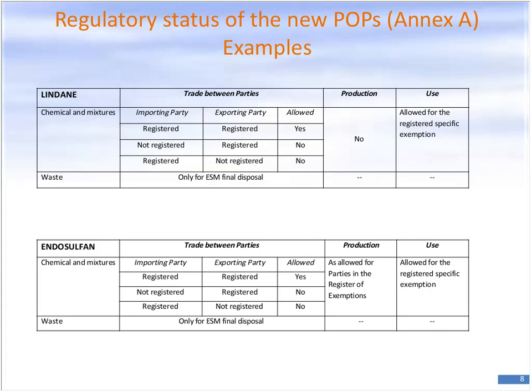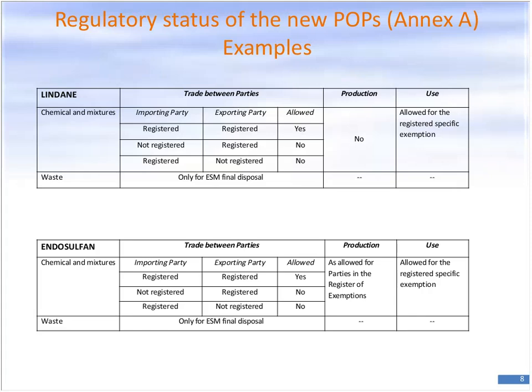And if the importing party have registered with the Secretariat that they want to continue to use lindane preparations for health purposes, and the exporting party has registered, then trade is allowed. If one of them or both of them have not registered, then trade is not allowed.